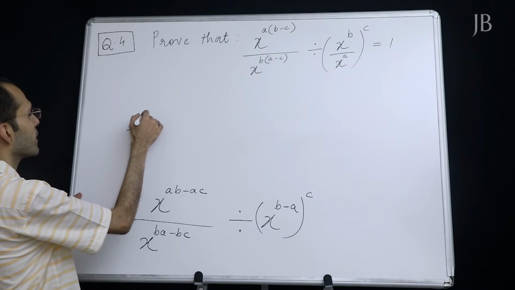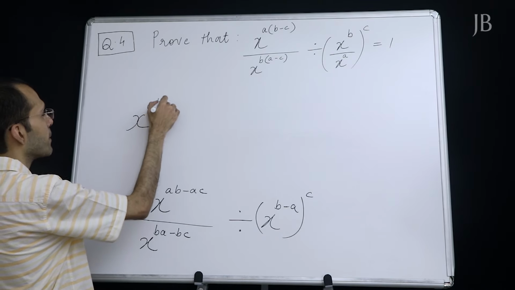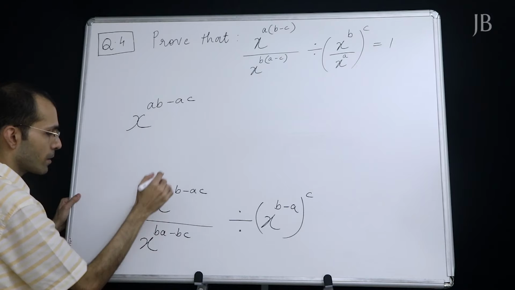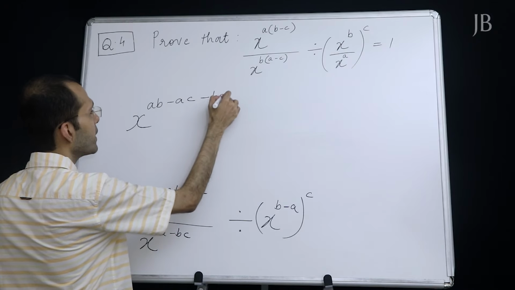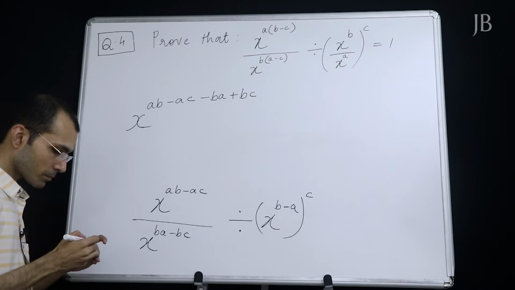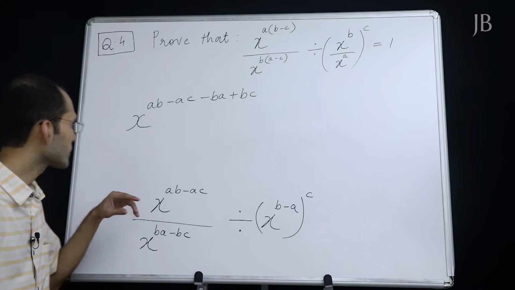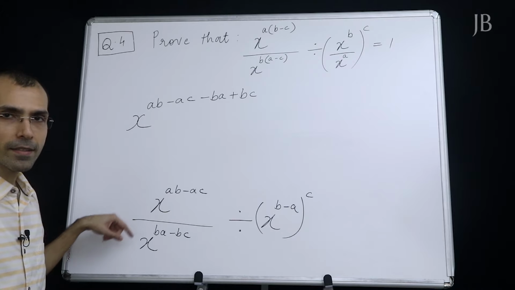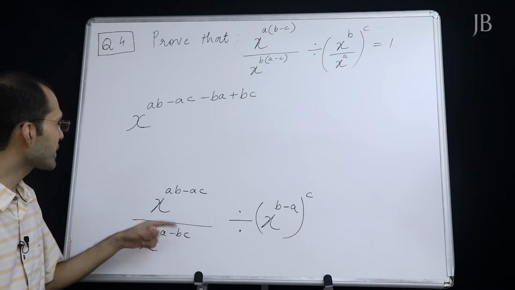So this would be x raised to AB minus AC minus BA plus BC. The bases are same and then the powers to be subtracted.